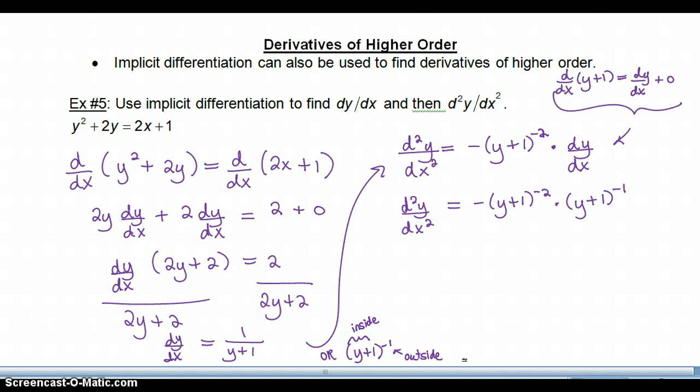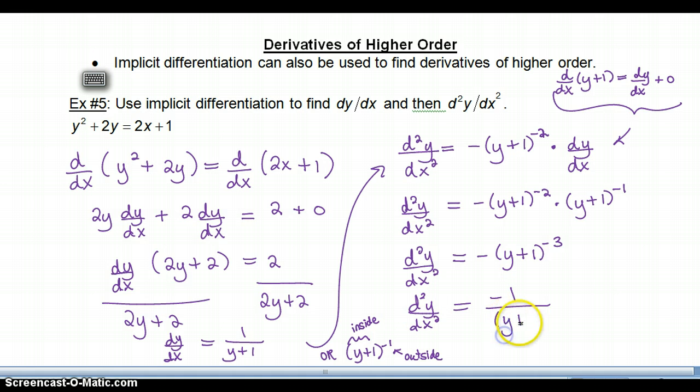So we substitute back in our result that we got originally. And then it's just a matter of combining. So this is really (y + 1) to the negative 3, adding exponents. And finally, I'm just going to rewrite it so that it's in proper form, which will be negative 1 over (y + 1) to the third. Okay.